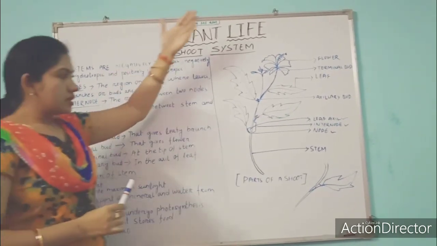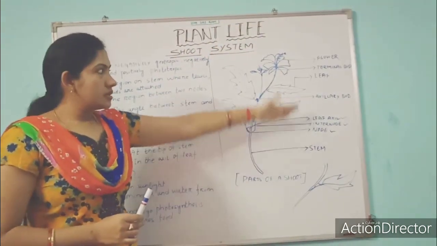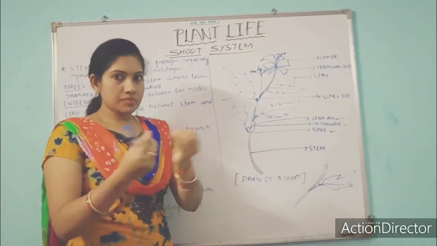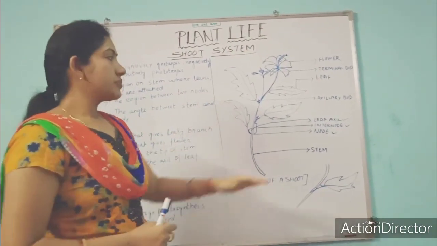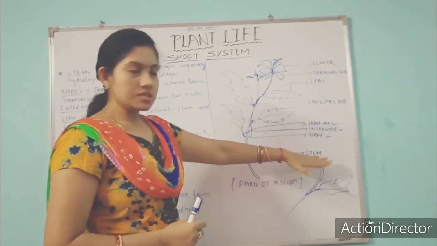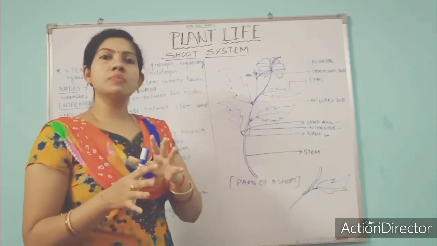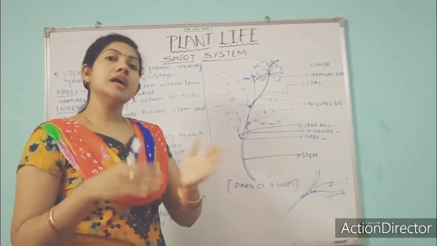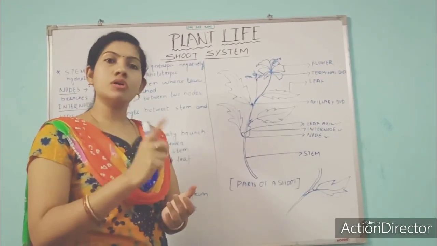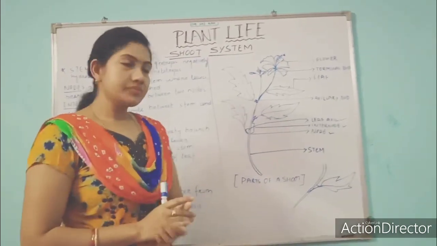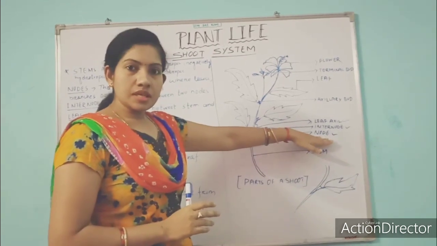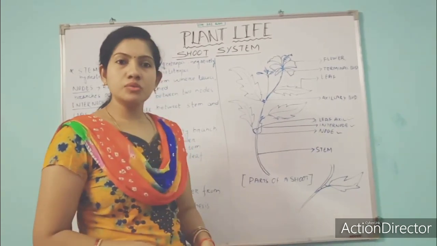So these are the things that we have discussed. Again I am giving a short recap. We have discussed stem. Stems are negatively geotropic and negatively hydrotropic. They are positively phototropic because they always move towards sunlight. On the stem, there are nodes. What are the nodes?